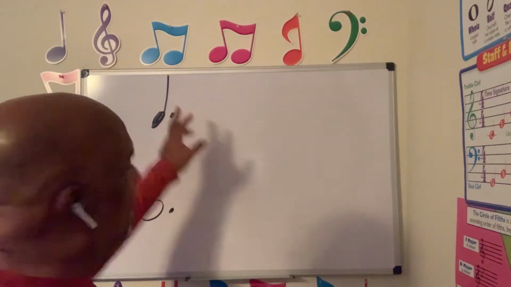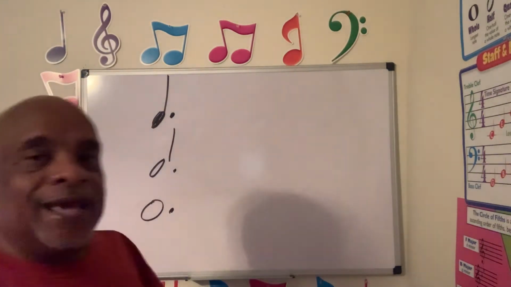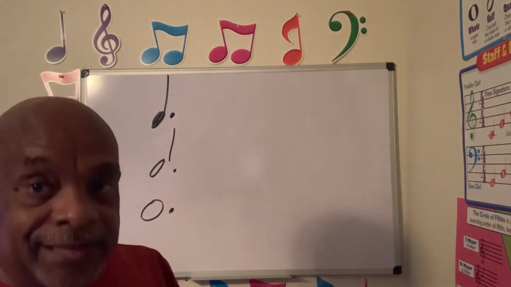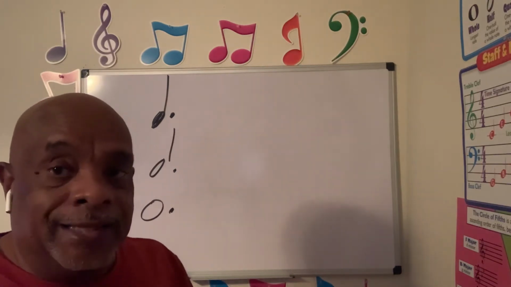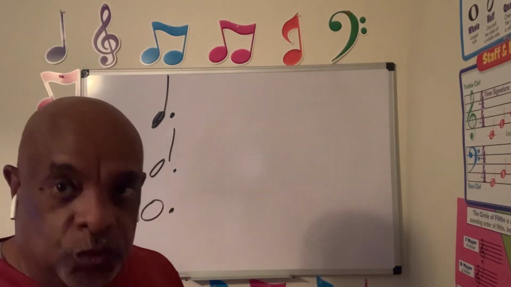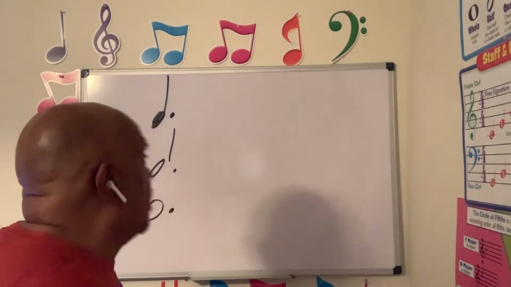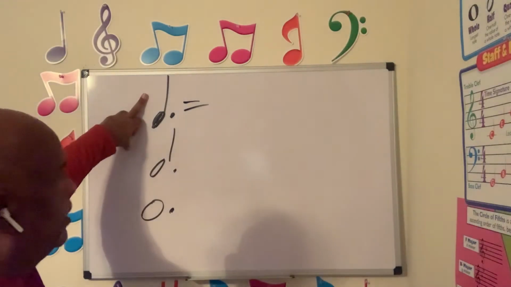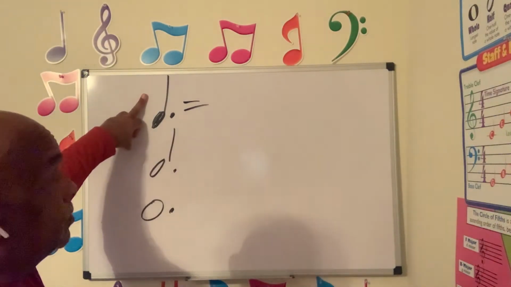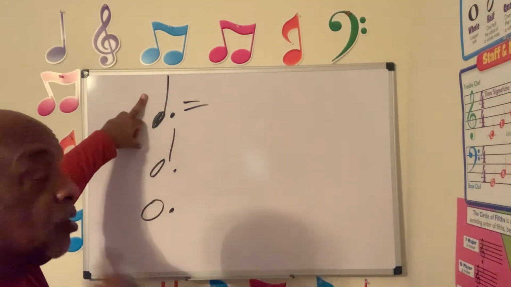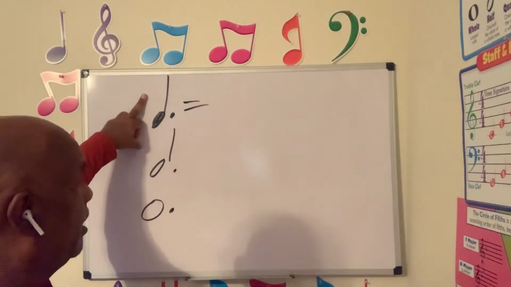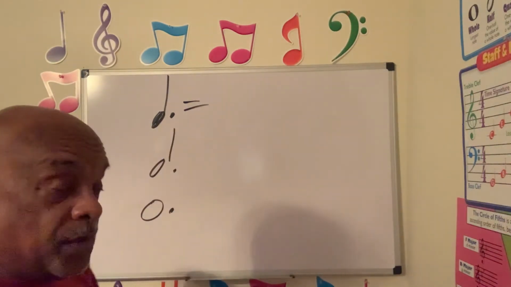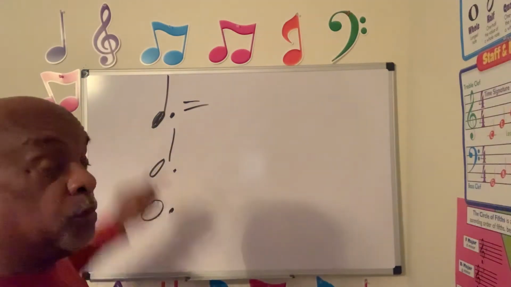All right. Now the dot behind the note gets half the value of the note. So let's look at the dotted quarter note. The quarter note gets 1 beat, and the dot is going to get a half beat, because remember, the dot gets half the value of the note.